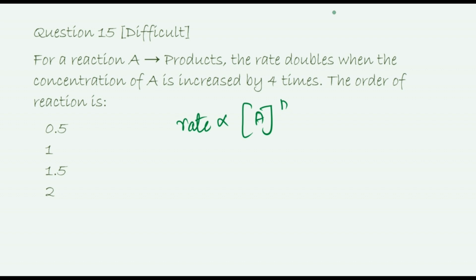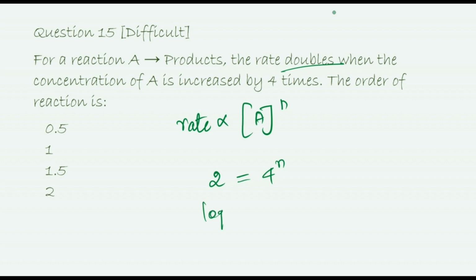So we're just going to substitute the values. The rate doubles, so what will happen? I'm just having 2 equal to 4 to the power n, because the concentration increases by 4 times.